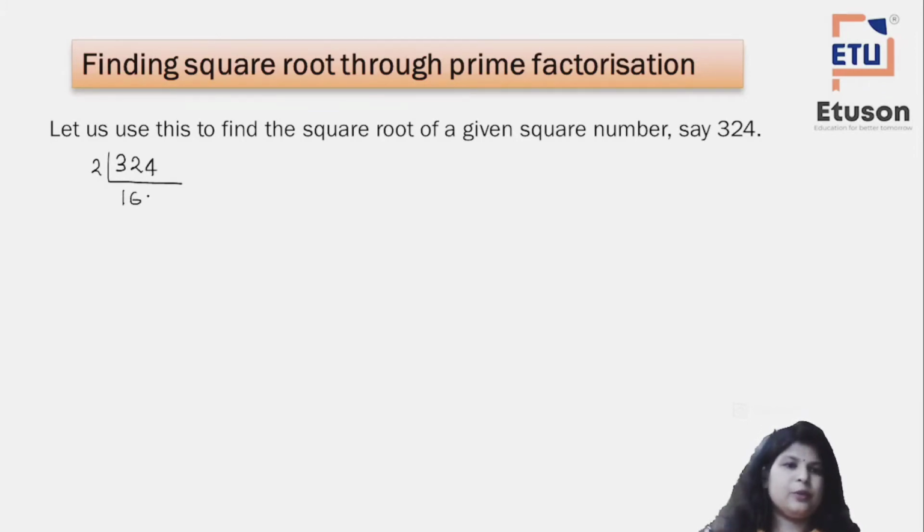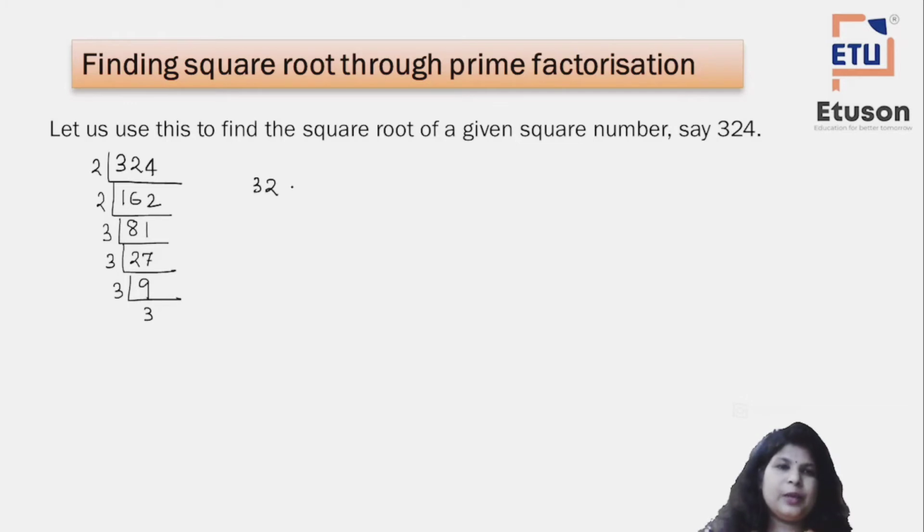You will get 162, then 2, you will get 81, then 3, you will get 27, then 3, you will get 9, then 3, you will get 3, right? So 324 can be written as 2 into 2 into 3 into 3 into 3 into 3.